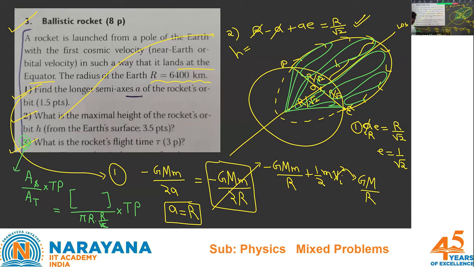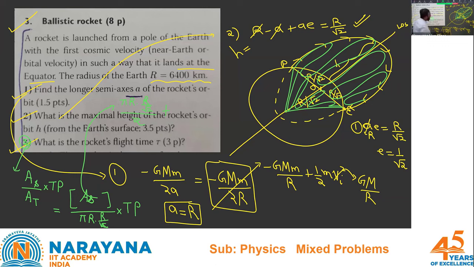So AS का value लिख देते हैं. So let us try to write this term carefully, AS term. That is half of this area. So it is pi AB term, right? Divided by 2 plus the area of the triangle.